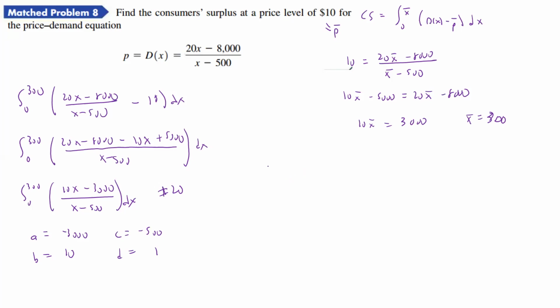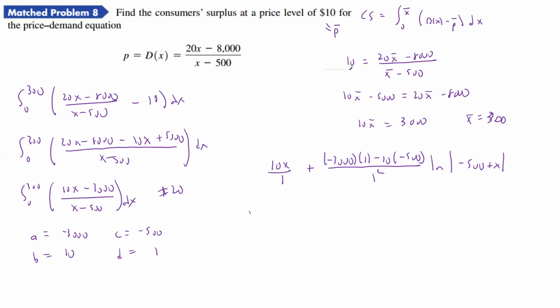That's going to give us 10x over 1, plus negative 3,000 times 1 minus 10 times negative 500, over 1 squared, times the ln of the absolute value of minus 500 plus x. Since we're evaluating this from 0 to 300, I want to simplify this first before I put in the limits.